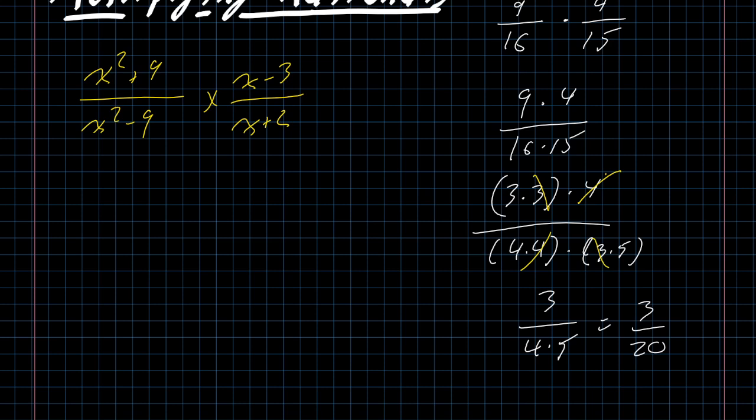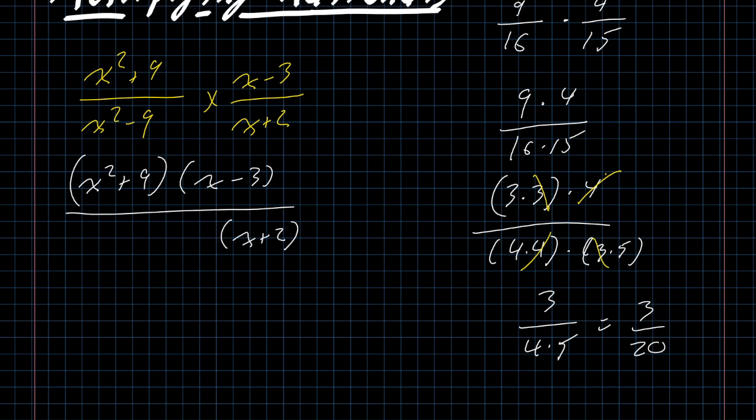In the expression I have over here, there's not really anything I can do with x squared plus 9. There's not really anything I can do with x minus 3. There's not really anything I can do with x plus 2. But I can look at x squared minus 9 and remember that that factors into x plus 3 times x minus 3.